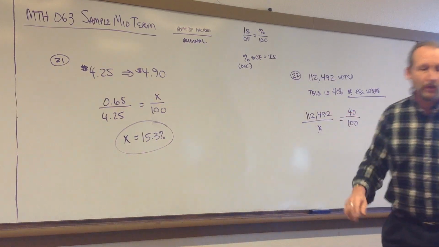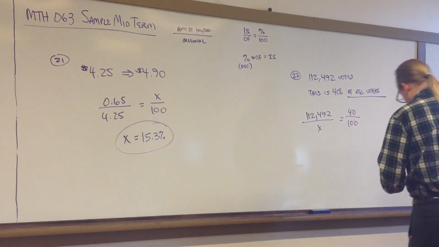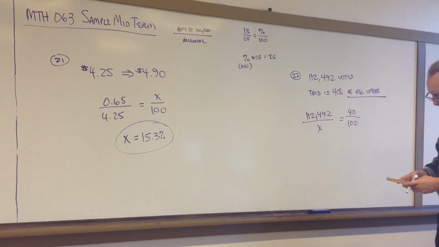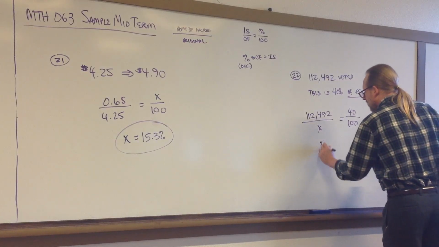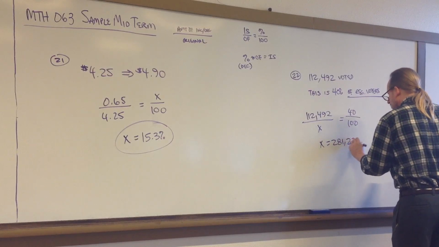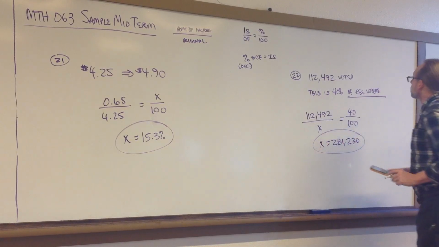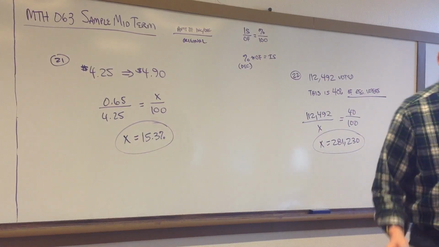So we're going to do 112,492 times 100, and then divide that by 40. 281,230 registered voters total.